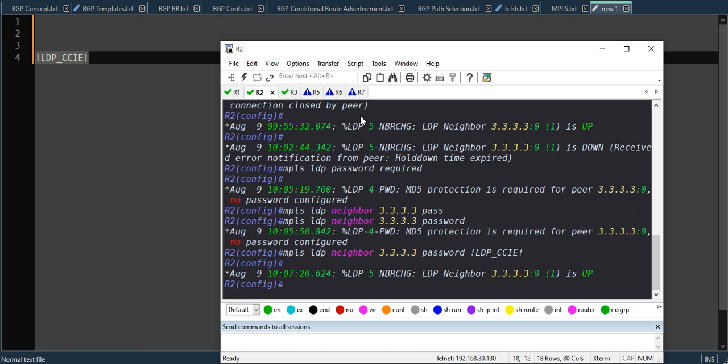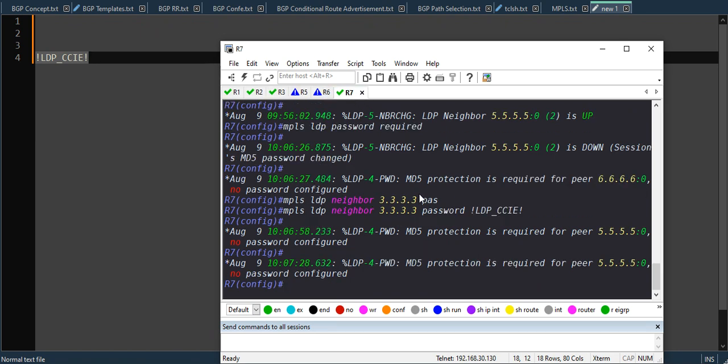And then on R7 I have to configure another neighbor with R5 and R6.